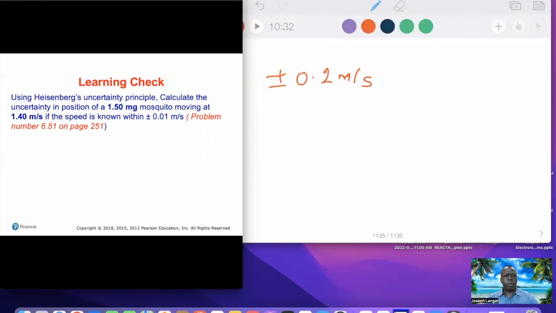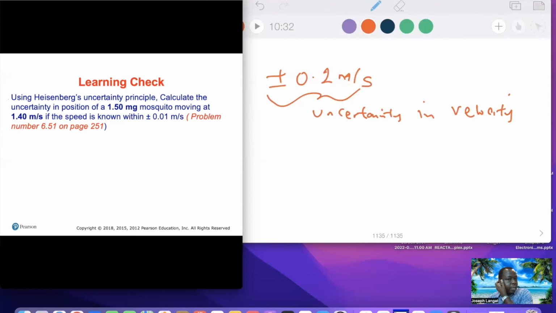This is problem number 6.51 on page 251. What you see here is plus or minus velocity or speed.